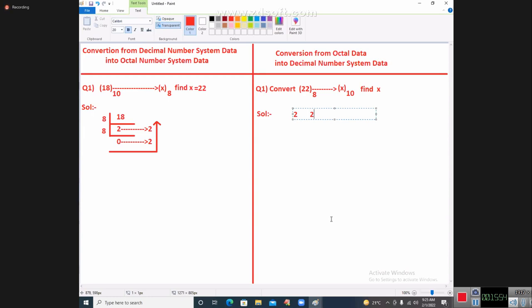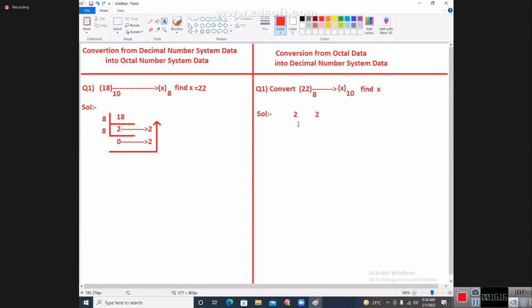Binary number system data is used where processors and the operating system understand. Octal number systems are understandable by the microprocessor. Sohail Khan, are you understanding, my dear student? Is it okay?